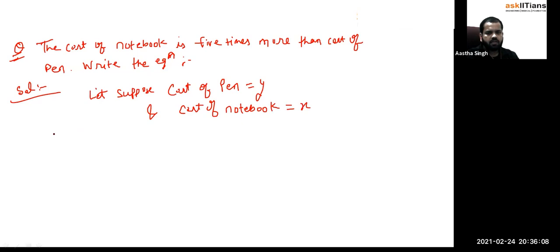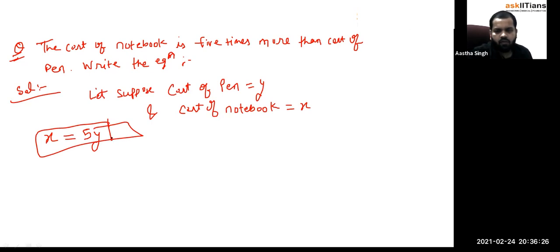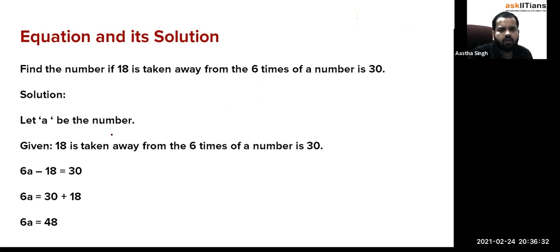So the question says the cost of a notebook, x, is 5 times more than the cost of a pen. So it will be x equal to 5y. I think we have got the question right. So x is equal to 5y, where y is the cost of a pen and x is the cost of a notebook. Okay.